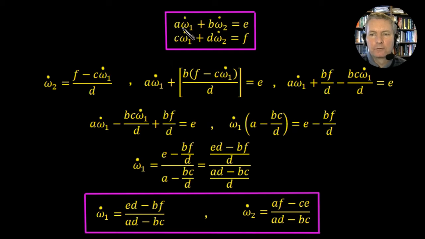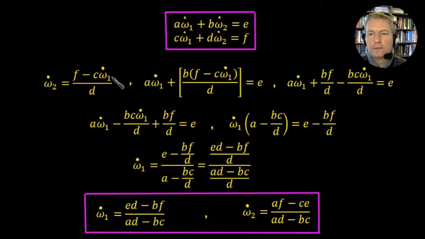I will go ahead and solve it for omega 1 dot, and then you can work through the algebra and see that you get the solution here that I get for the omega 2 dot. So for the omega 1 dot, we'll rewrite the bottom equation in terms of omega 2 dot, and then we'll substitute that value in for the omega 2 dot here, and then we'll solve for the omega 1. So we'll do that now.